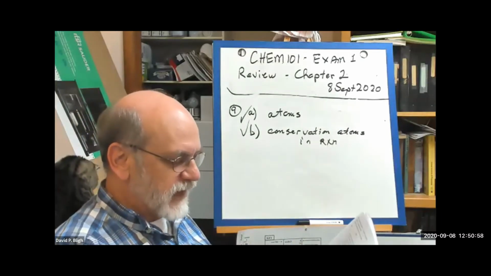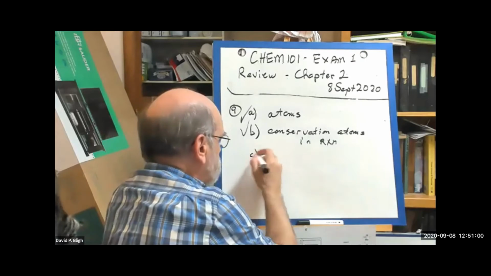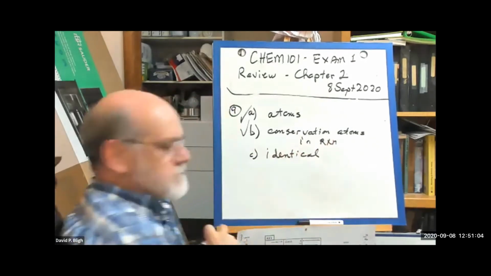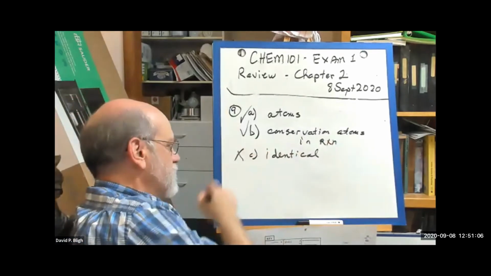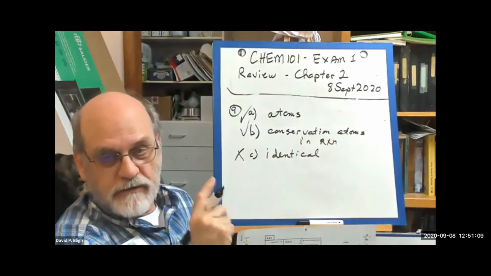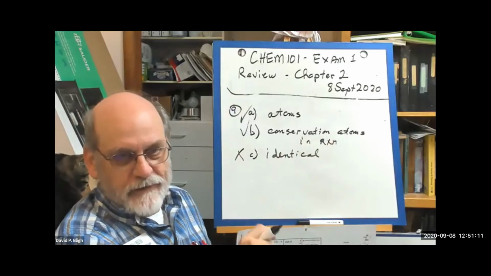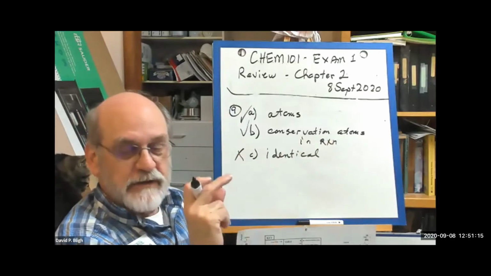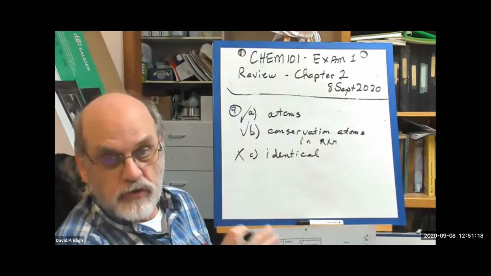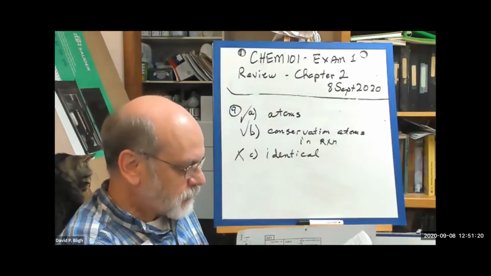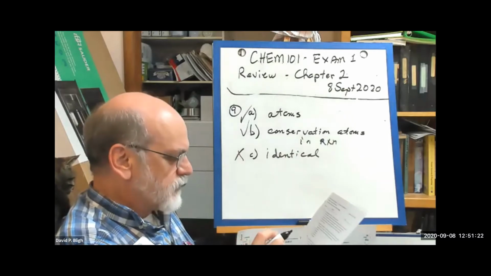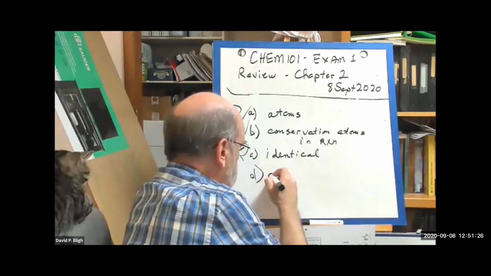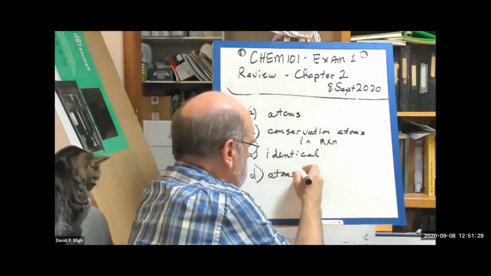All atoms of a given element are identical. Is that true? That's false because of isotopes. Isotopes are different atoms. They're the same element, but they're different atoms because they have different numbers of neutrons. Let's see. Atoms are indivisible in chemical reactions.